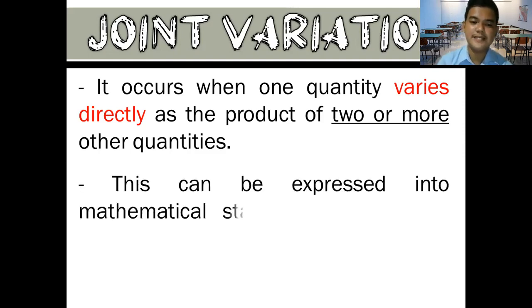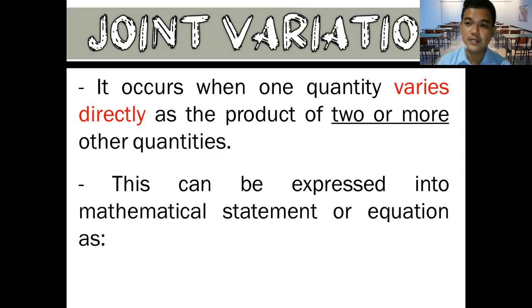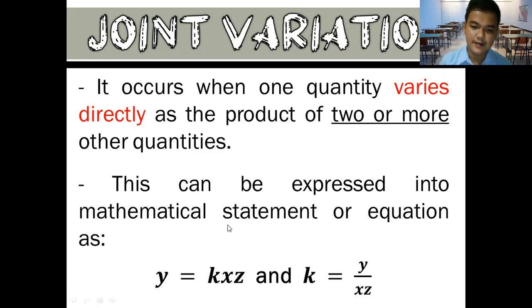This can be expressed into a mathematical statement or equation as y = kxz, and k = y/xz. As you can notice here, minanipulate lang yung formula. So to find k, you simply divide both sides by xz. So you will get k = y/xz. Ito yung formula kapag yung constant of variation yung hinahanap.